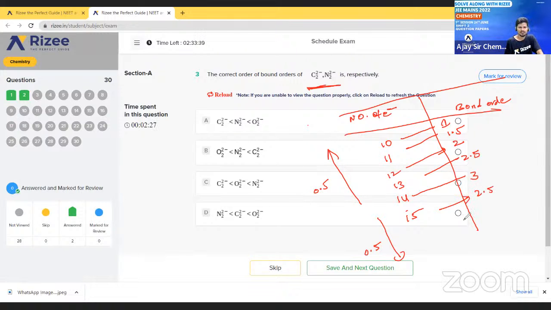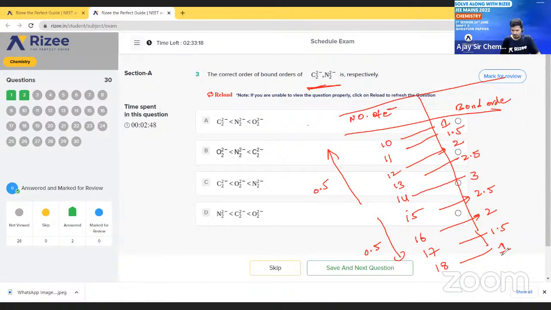Just 2.5. Now we have to decrease 0.5. Next 12, if 12 electrons are there, the bond order is just 2. If 11 electrons, the bond order is 1.5. If 10 electrons, the bond order is 1. Very simple. Next go down, if 15 electrons are there, just decrease 0.5, so 2.5 we will get here. If the number of electrons is 16, then our bond order should be 2. If 17, 1.5. If 18, then 1. So that is the trick.